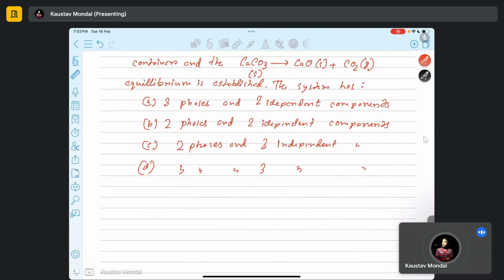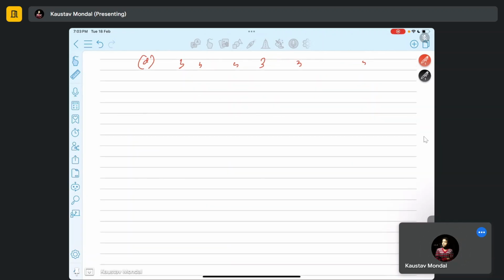So now let me first write the equation. This is the equation: CaCO3 in solid is equal to, disintegrated into, CaO solid plus CO2 gas.